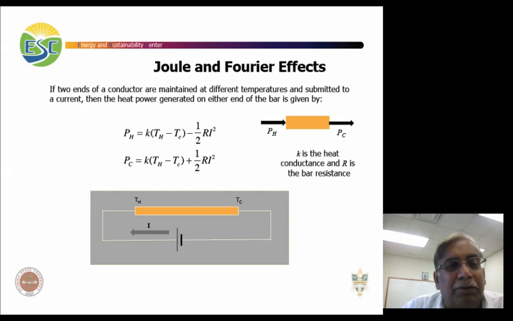And if you do both, where there is a temperature gradient and current is applied, then the power going into the bar on one side is given by both the Fourier effect and the Joule effect, and what is coming out will be the same on the other side, the combined effect. So the combined effect of the bar being heated and having a temperature difference is given by these expressions here, which you are very familiar with.